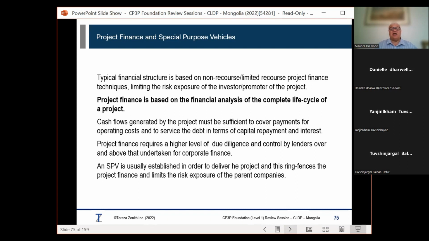Project finance requires a high level of due diligence and control by lenders over and above that undertaken for corporate finance. And finally, an SPV is usually established in order to deliver the project, and this ring fences the project finance and limits the risk exposure of the parent companies.